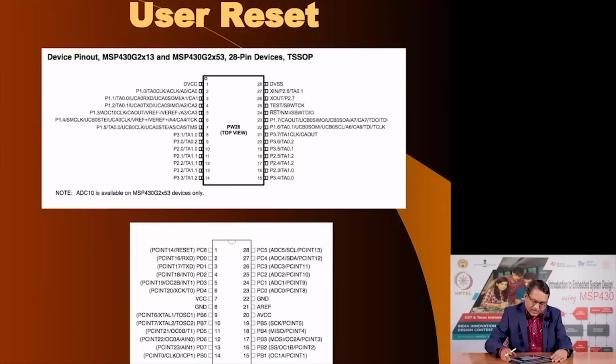Here if you look at the pinout of these devices, you will notice that this is a reset pin of this AVR microcontroller, and on this MSP 430 microcontroller you have a reset signal somewhere here.